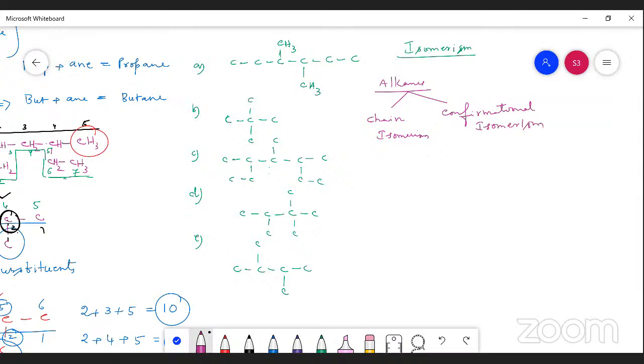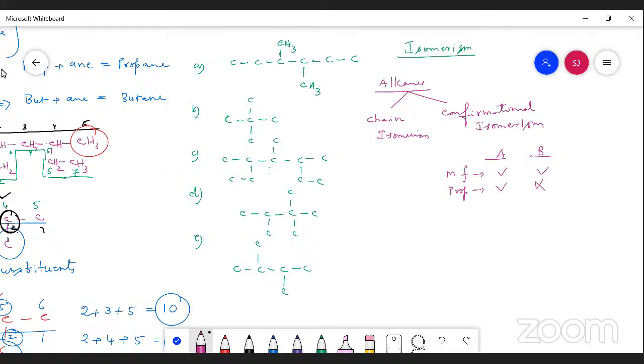First of all, what is isomerism? You may note that down. Isomerism is nothing but, a pair of compounds, two compounds A and B, both having the same molecular formula. Their molecular formula remains the same, but their properties may be different.